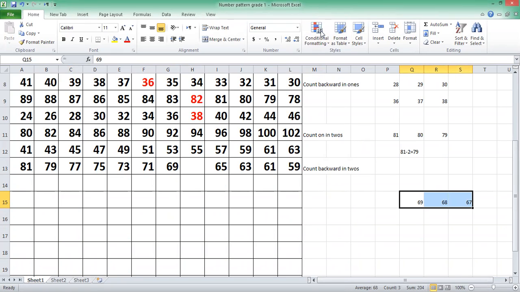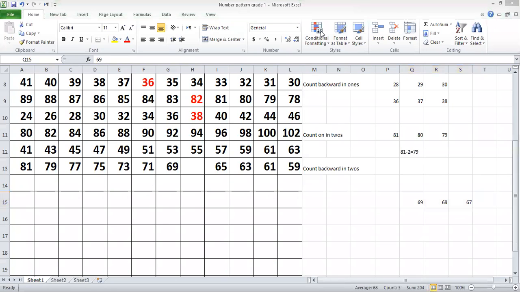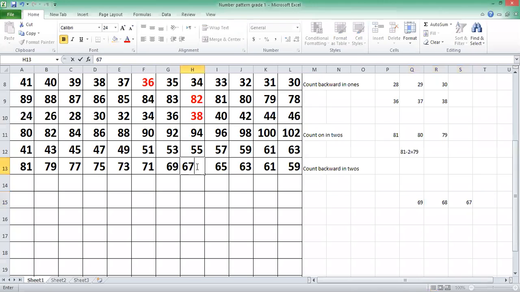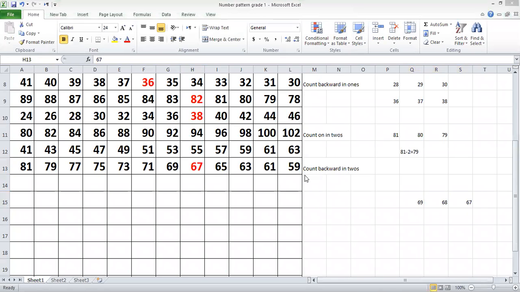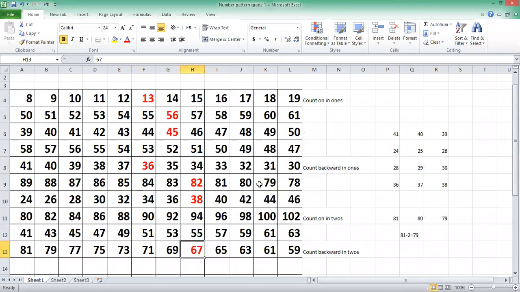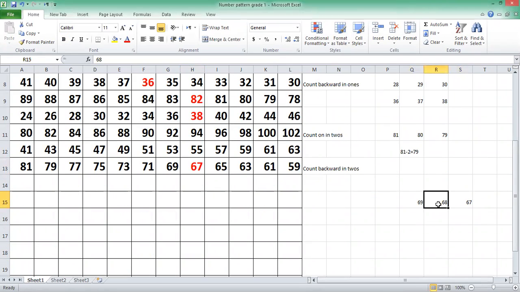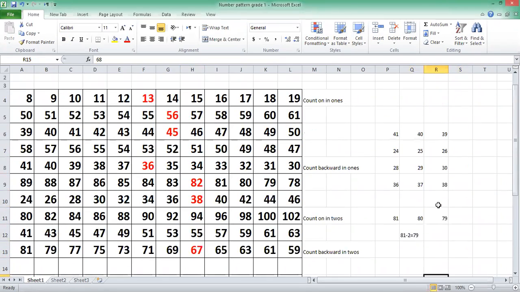So what should be the answer after 69? 67. Very good. The answer should be 67. If we count in ones, the answer was 68. But because we are counting in twos, that's why the answer is 67.